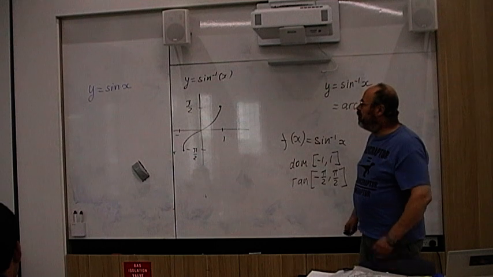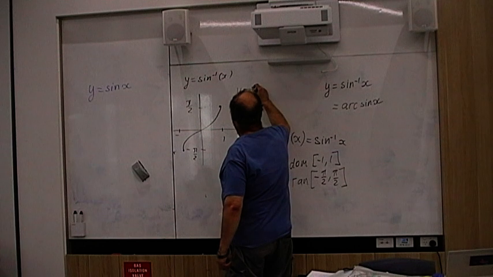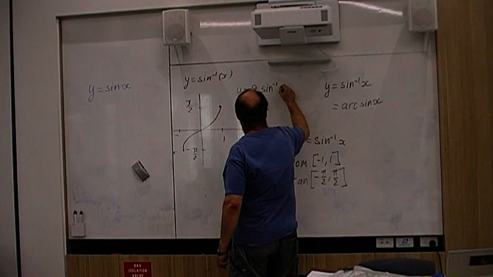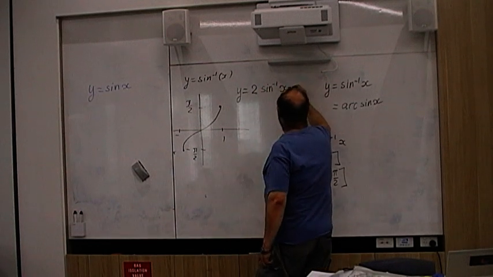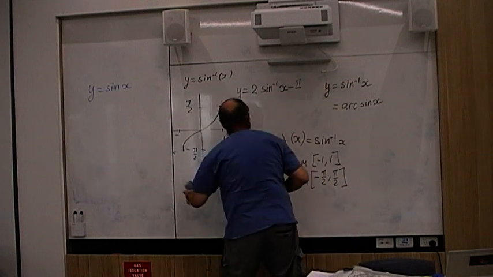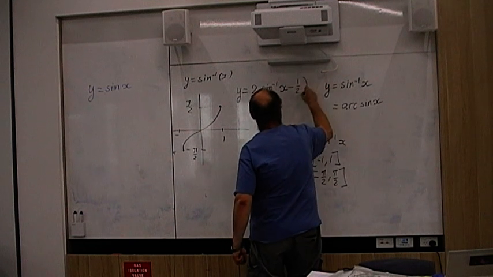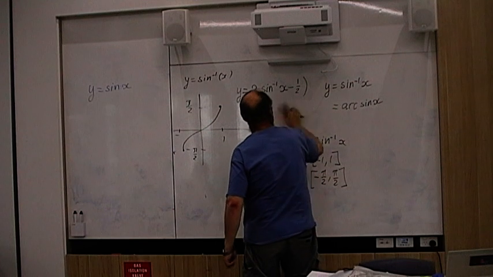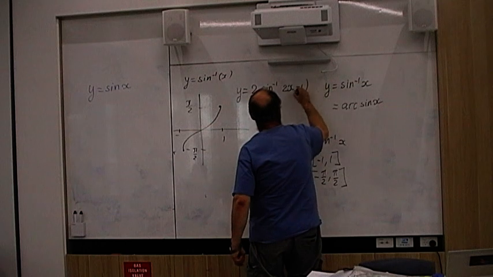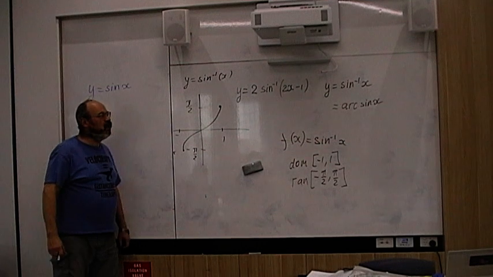Let's say we need to sketch the graph of y equals 2 sine negative 1 of 2x minus 1.